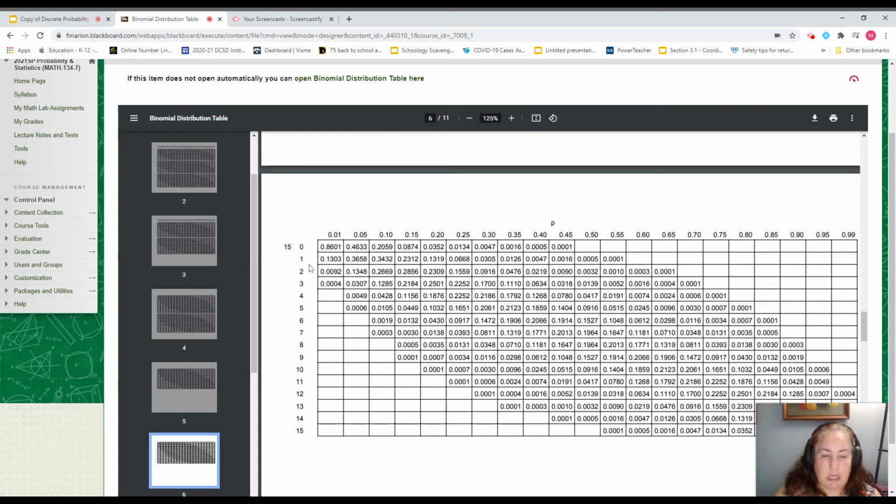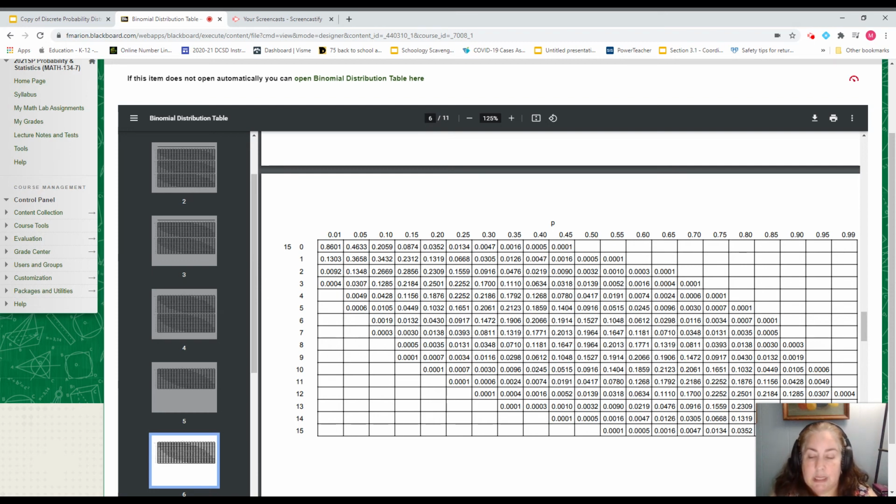So we're going to go from 0.2066 down. So I've got 0.2066 plus 0.1859 plus 0.1268 plus 0.0634 plus 0.0219 plus 0.0047 plus 0.0005.